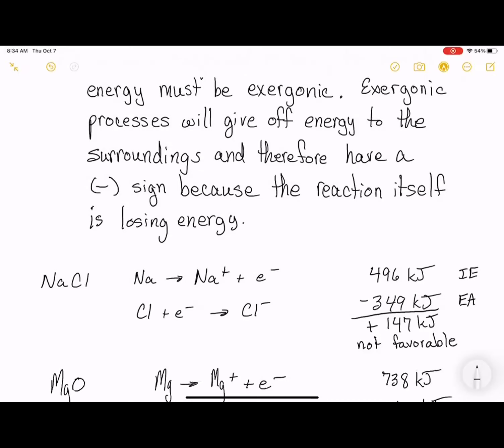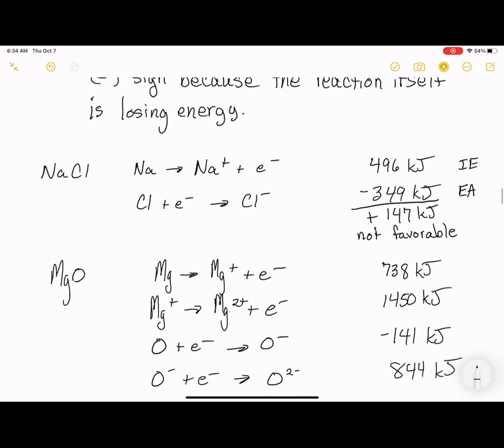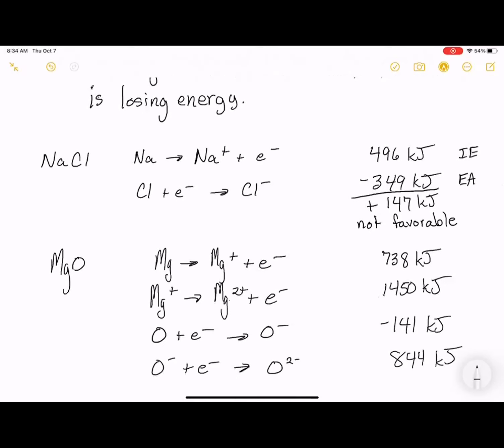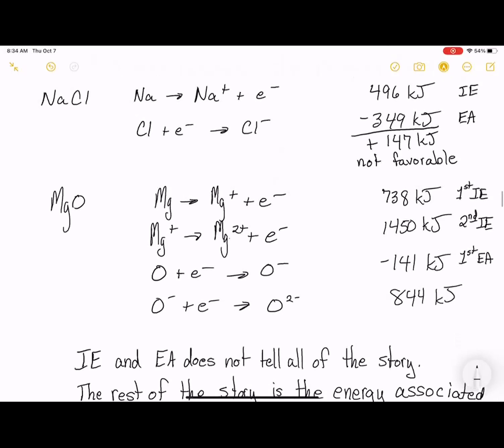Now let's talk about magnesium oxide. With magnesium oxide, you have the first ionization energy, which is 738 kilojoules. You have the second ionization energy, which gives us our +2 charge. For oxygen, you have the first electron affinity, and for that formation of oxide with a -1 charge, that part's favorable.